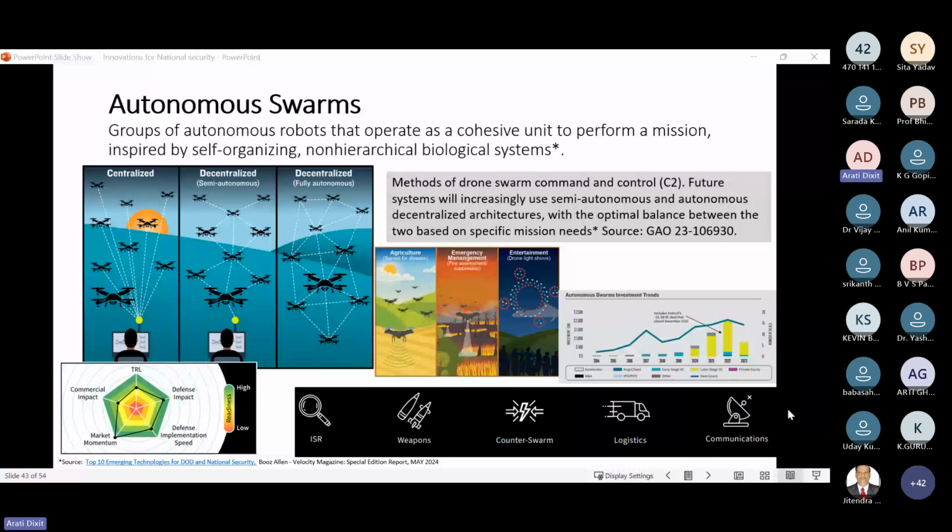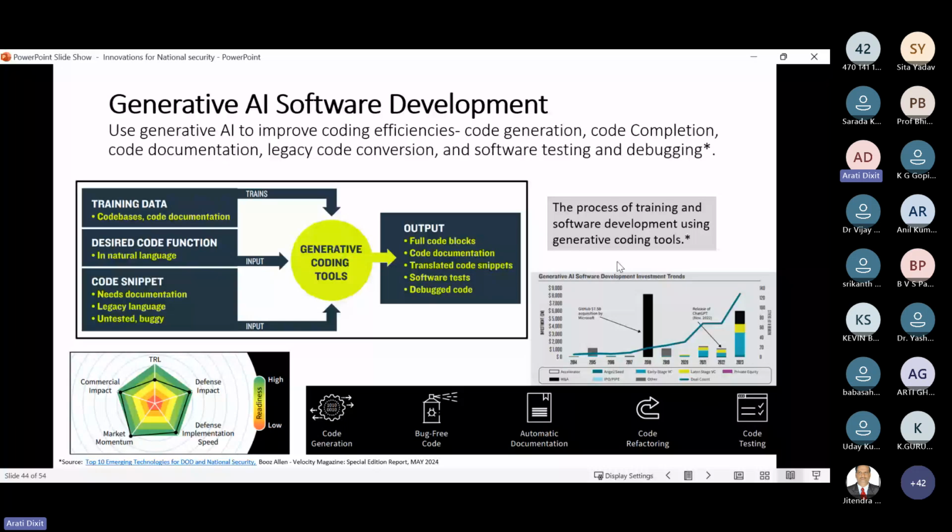The fourth one is generative AI software development. So here, this technology basically uses generative AI to improve coding efficiencies, which involves code generation, code completion, code documentation, legacy code conversion, and software testing and debugging.